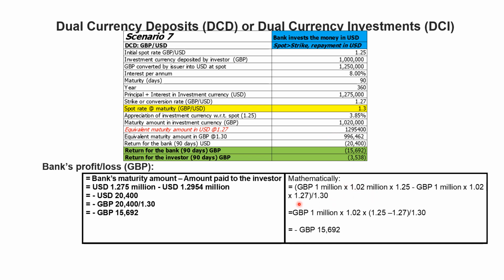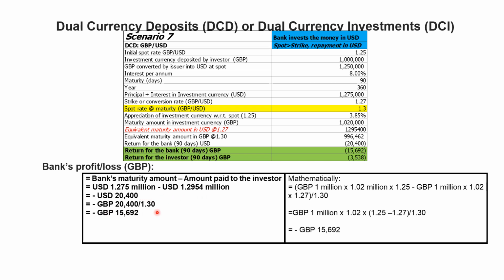Therefore, the bank gets the maturity amount of 1.275 million and pays 1.2954 million US dollars to the investor, resulting in a loss for the bank.